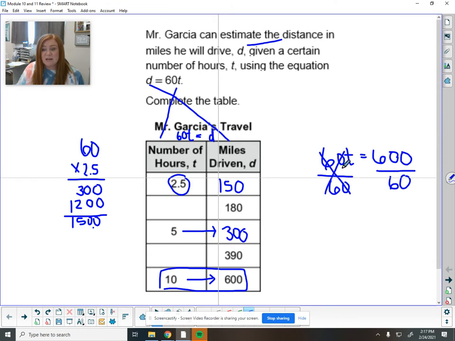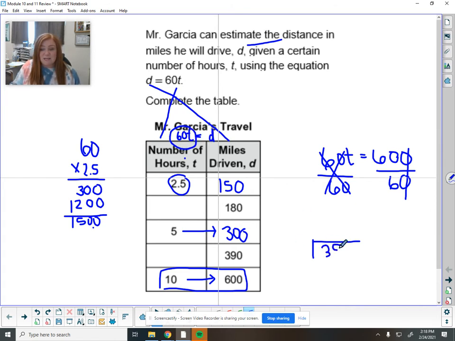So this cancels out, so we're left with T. And these cancel out. 6 goes into 60 10 times. So it looks like when we're going backwards to find the time, we need to divide by 2.5. Sorry, not divide by 2.5. I looked up here. I didn't go up high enough. Our equation is divide by 60.